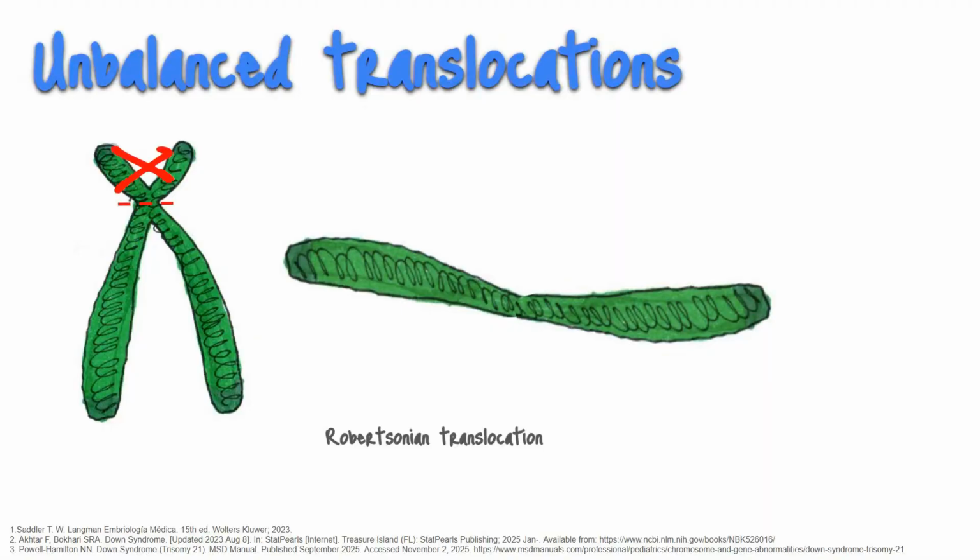In this case, two acrocentric chromosomes, where the centromeres are close to the end of the chromosome, break at the centromere, losing both of their short p arms, and create a new single chromosome containing one centromere and the q long arms of both original chromosomes. This means that they have duplicated information of the long arms of the chromosome.